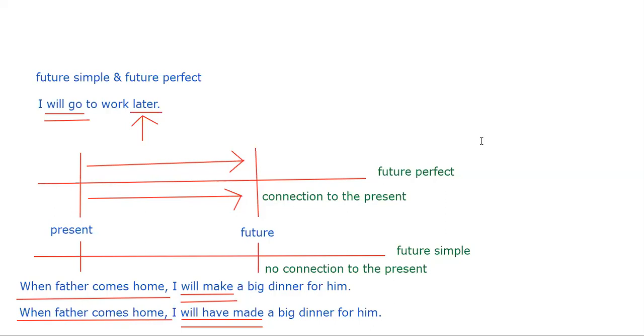But here you have when father comes home. That's future. So it's a combination of the fact that would have points to the past and not the future. So if you want to use the future, you have to use will. You can't really use would like that.